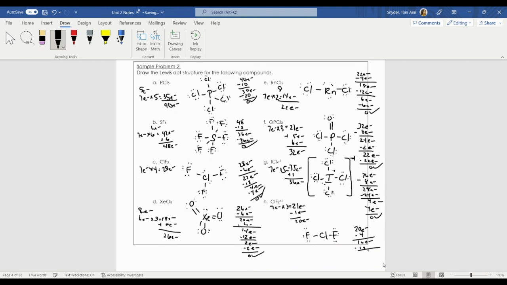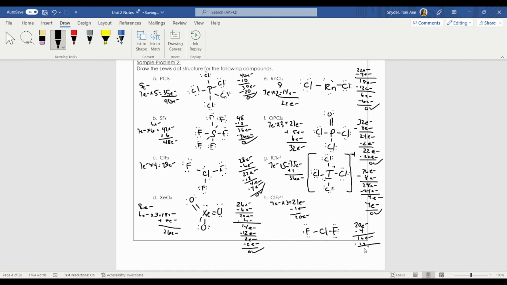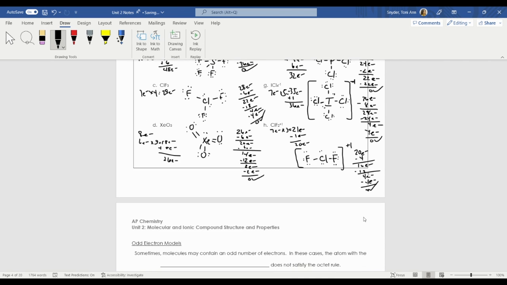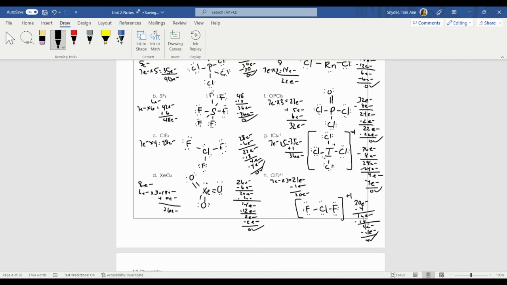Running out of room on the page here. Oh, there we go. Got 4 electrons to place. Guess how many lone pairs chlorine has? 2. So this whole structure, like we said, has a charge of +1. So you just write that structure in brackets and you put that little +1 on the outside to show that.